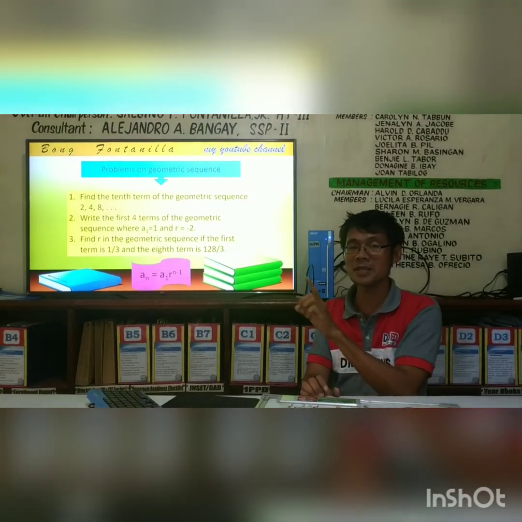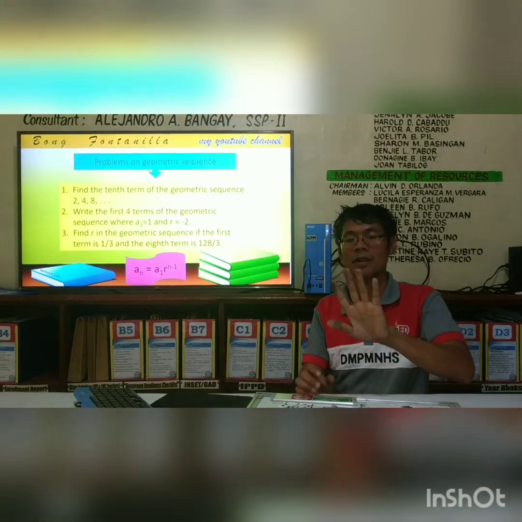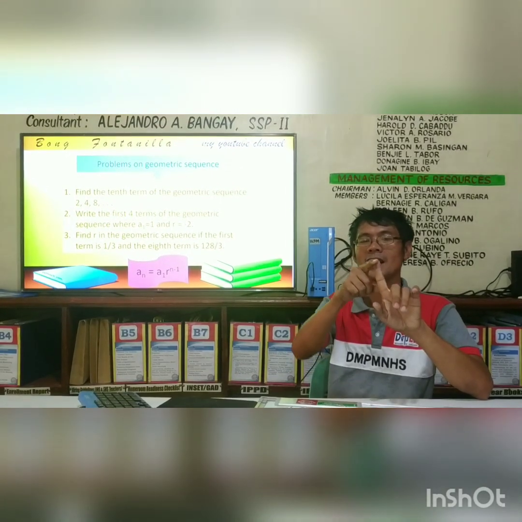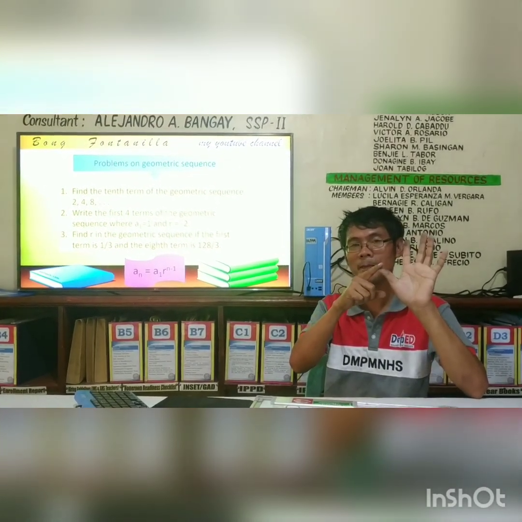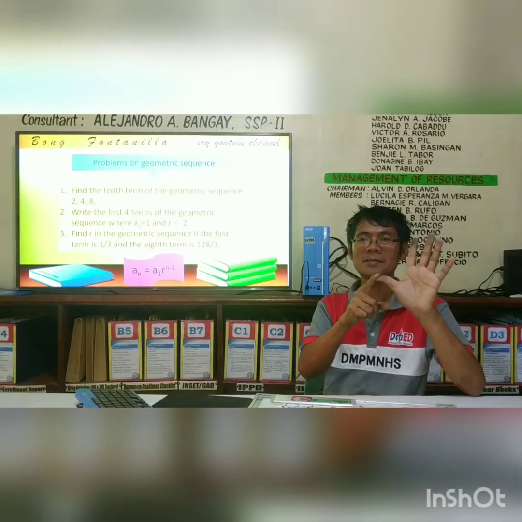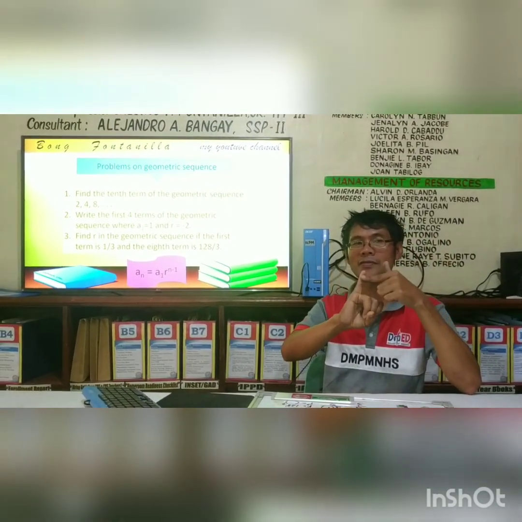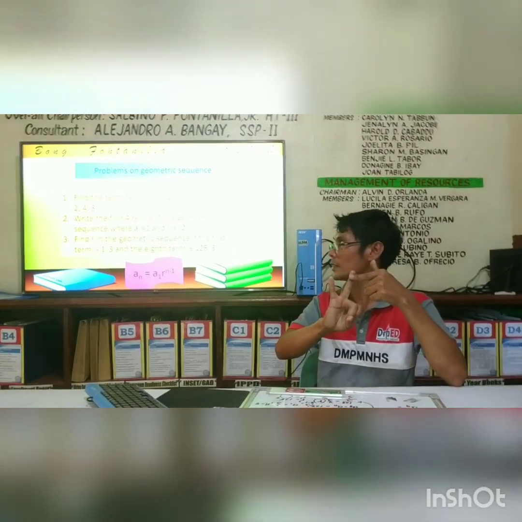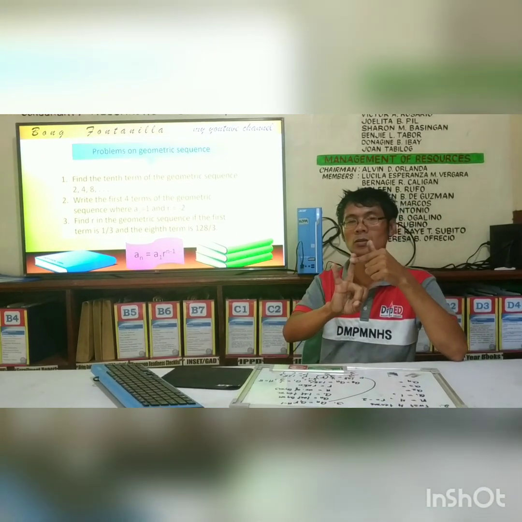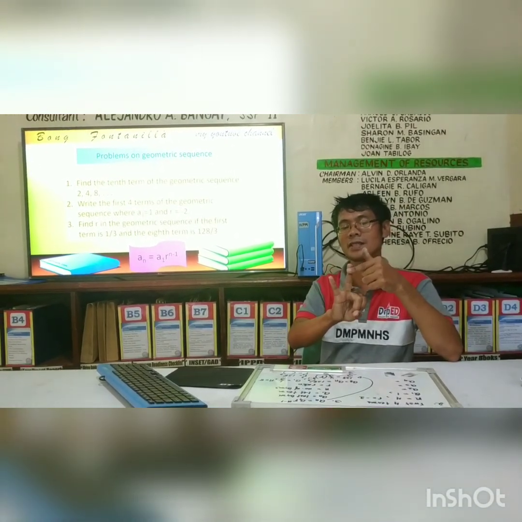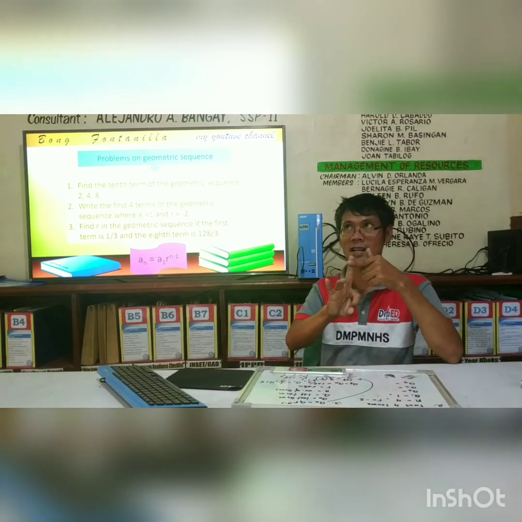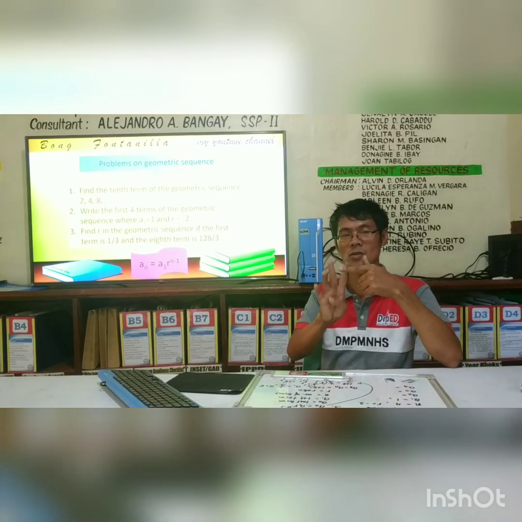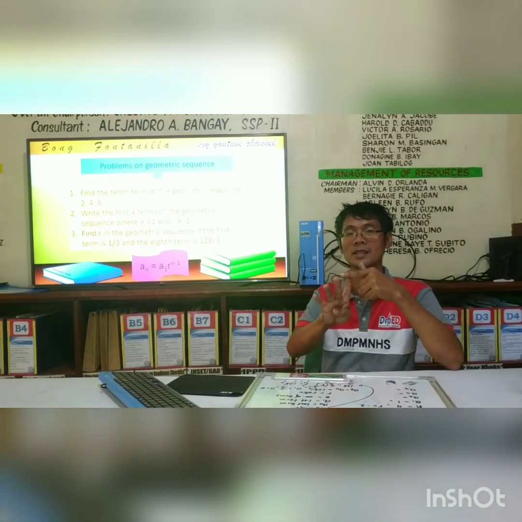So we will simply multiply 2 to the preceding term to get the next term. So our third term is 8. Multiply it by 2 to get the fourth term. So 8 times 2, we will be getting 16. Then 16 times 2, we will be getting 32. 32 times 2, we have 64. 64 times 2, we have 128. 128 times 2, we have 256. 256 times 2, we have 512. 512 times 2, we have 1024.